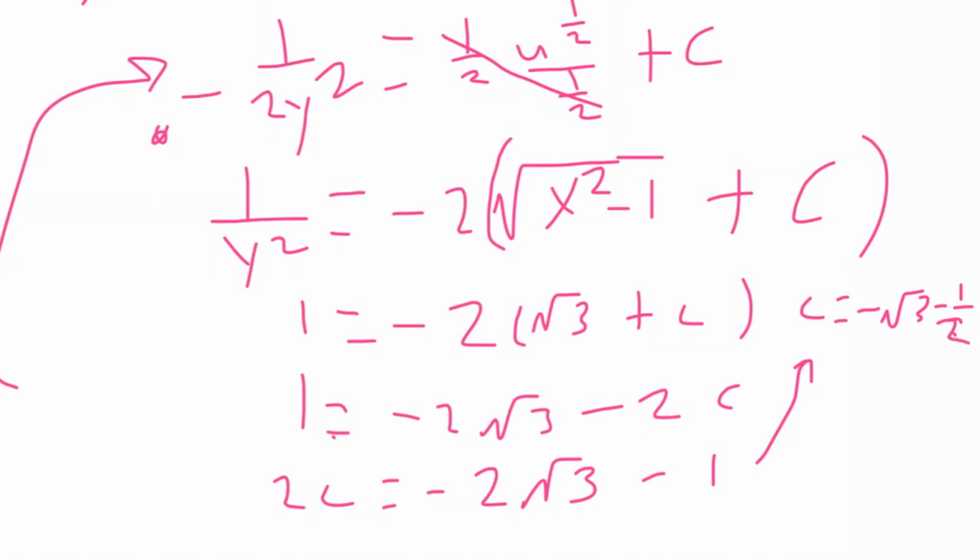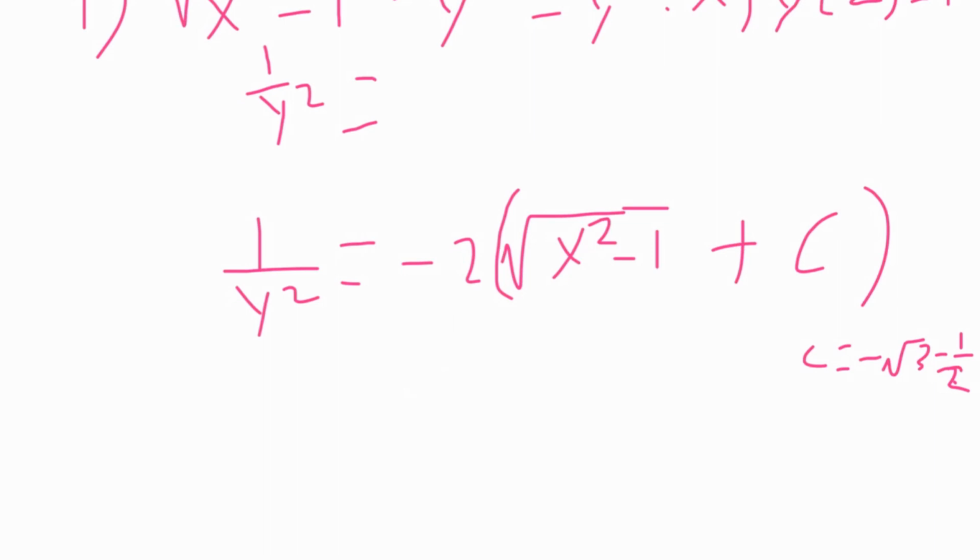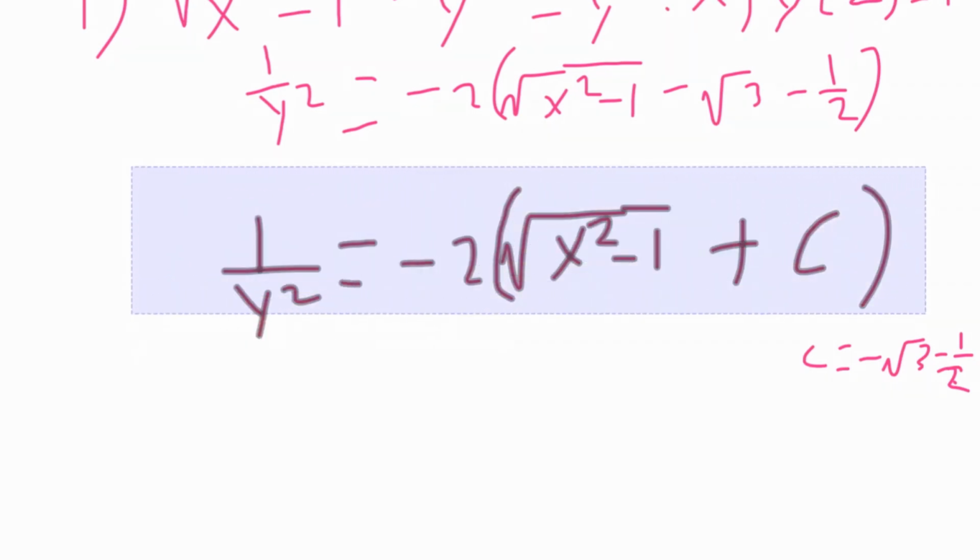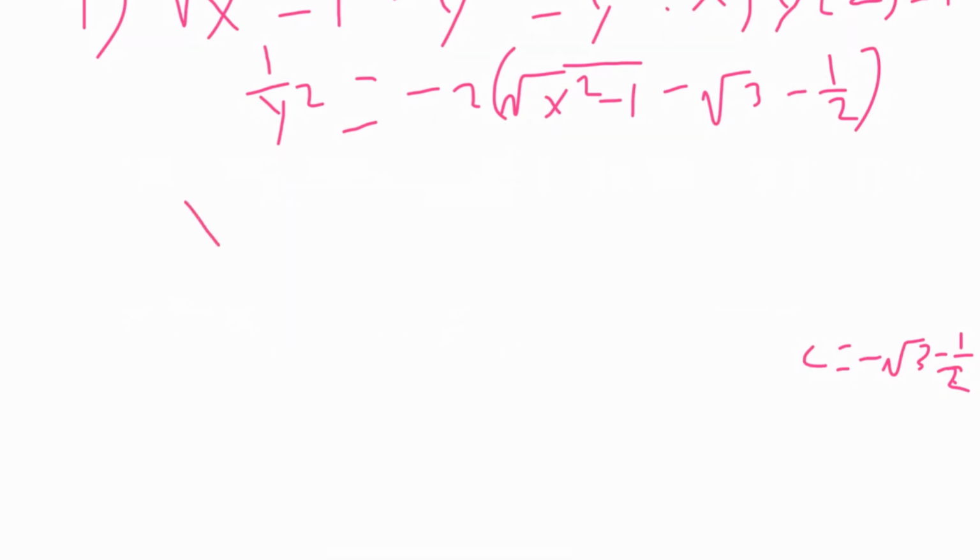So now we can rewrite the entire equation. We had 1 over y squared, which is equal to minus 2 root x squared minus 1, and we said c was minus root 3 minus a half. Now we could just flip both sides so that we could isolate the y.